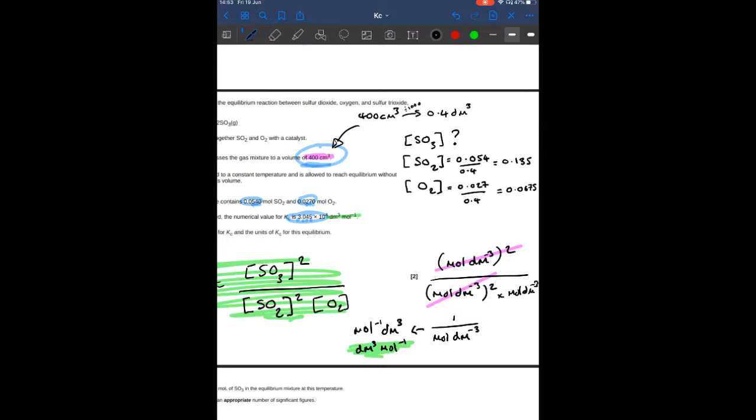Now that we've got those concentrations, we can then substitute that into our equation.